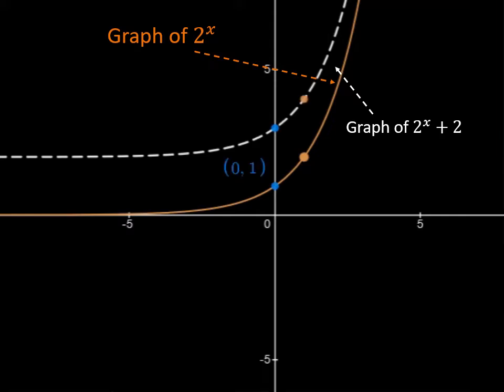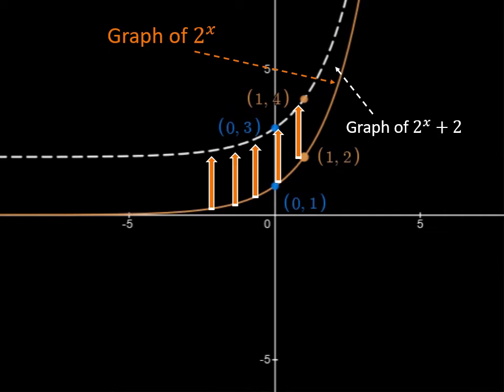We moved our graph 2 units up. For 2 to the power x, y equals 0 was the horizontal asymptote, while for the graph of 2 to the power x plus 2, y equals 2 is the horizontal asymptote. So keep in mind also the horizontal asymptote gets lifted 2 steps.